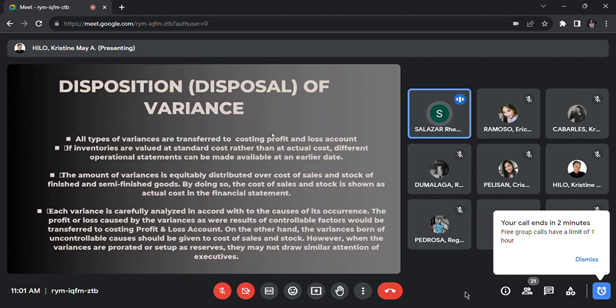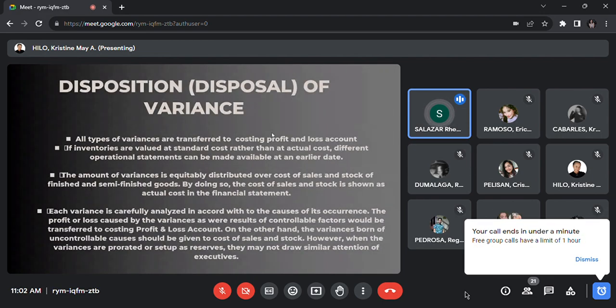Disposition of variance or disposal of variance. All types of variance are transferred to costing profit and loss account. If inventories are valued at cost, current operational statements are made available at an earlier date.